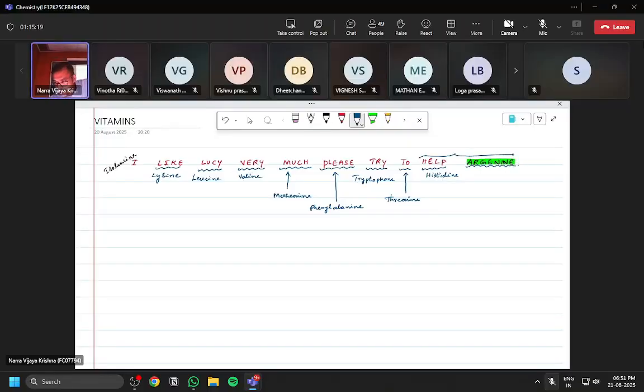Histidine and arginine are considered semi-essential.